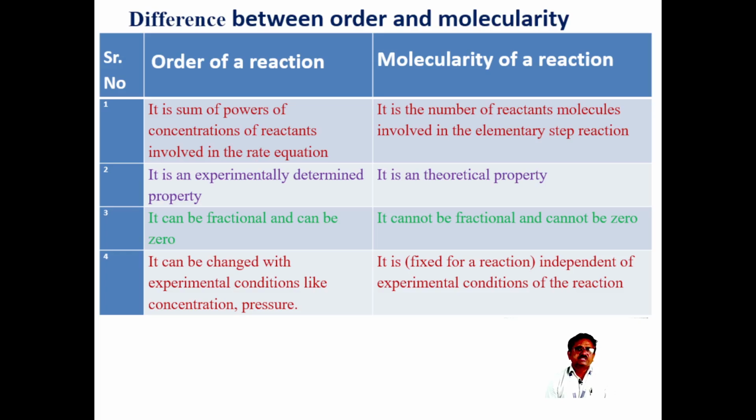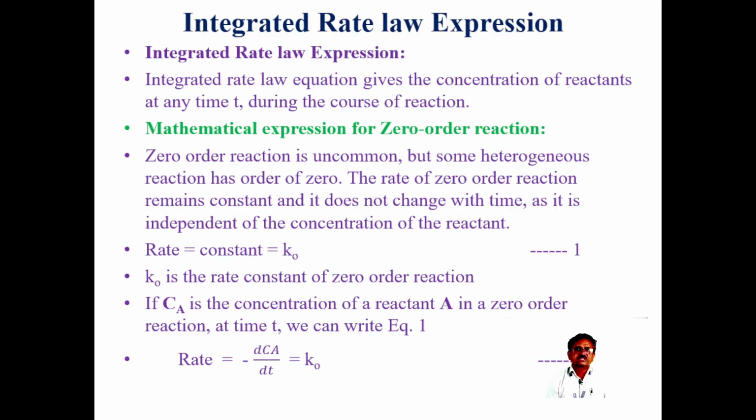Order of reaction can be fractional and can be 0, but molecularity of reaction cannot be fractional or 0. Next, order of reaction can change with experimental conditions like concentration, pressure, temperature, etc. But molecularity of reaction is fixed for a reaction, independent of the experimental conditions of the reaction. So, these are some differentiating points between order and molecularity of a chemical reaction.